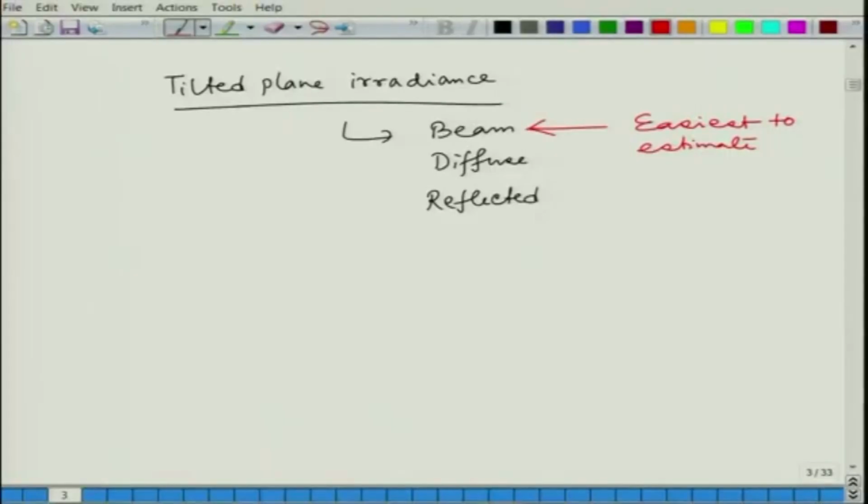And from that how much will be available to the tilted plane is easy to find out from the angle of incidence, right. So, this is the easiest part, and these two are a little hazy, okay.